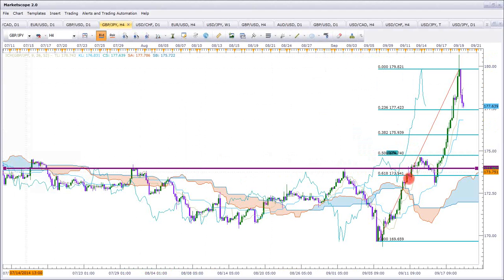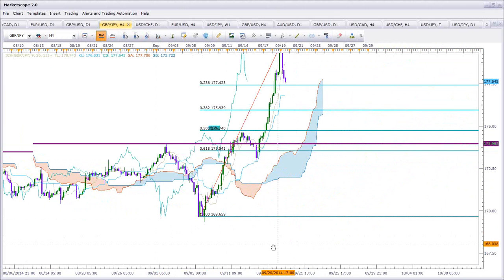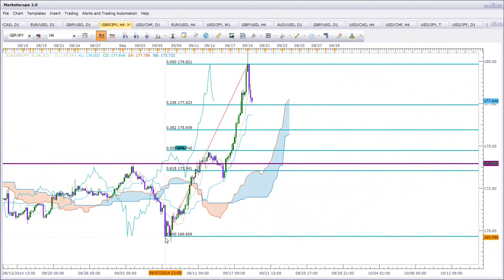Now I have different Fibonacci levels, but they don't fall exactly over here. So what I'm trying to say is, even though I drew my original Fibonacci from the exact bottom to the exact top of the market, I am going to play around a little bit and use this one.